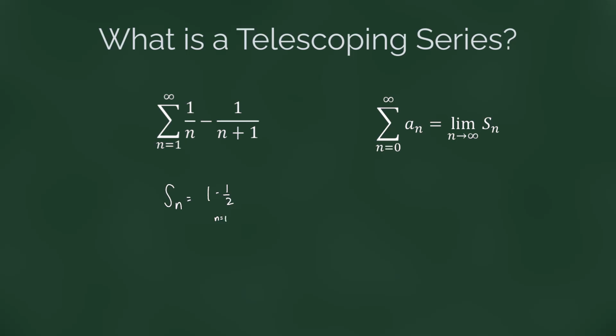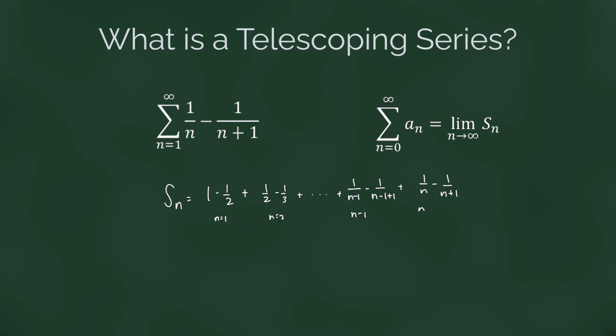Then we're going to add 1/2 minus 1/3 when n is 2. We're going to work our way all the way out to when we get to n minus 1, so we're going to have 1 over n minus 1 over n minus 1 plus 1, which is going to be 1 over n. And then our last term is 1 over n minus 1 over n plus 1.